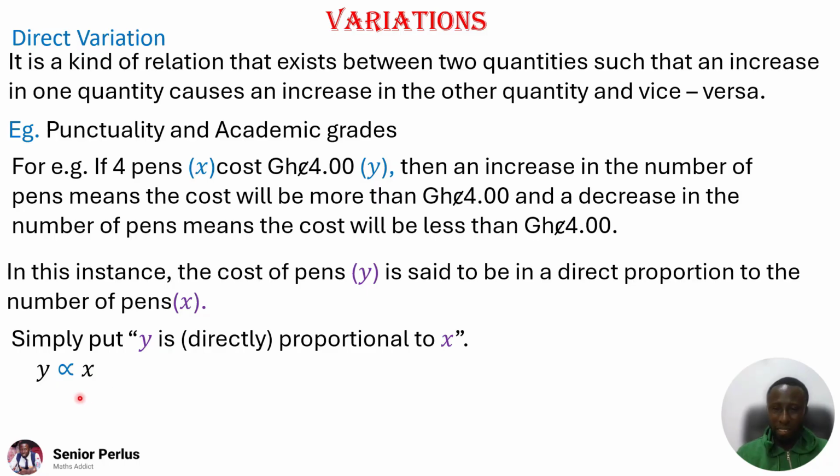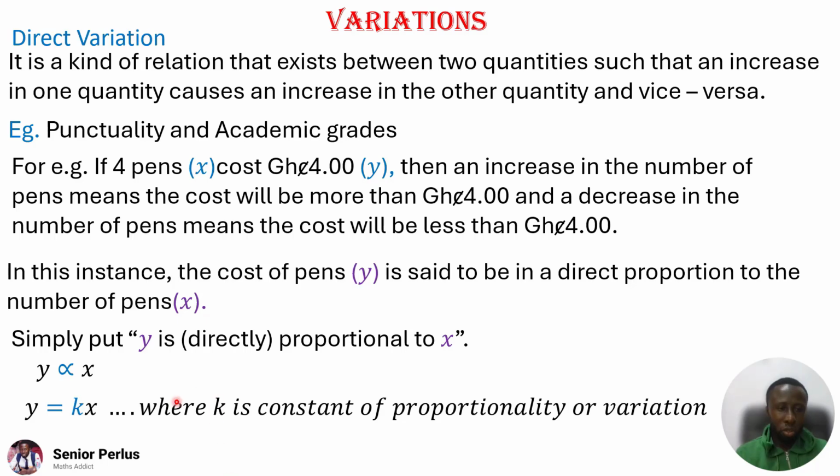Simple in mathematics. Now, if you want to put it in an equation form, you have to change the proportion sign here. Then after changing it, you have to bring in a constant. So y is directly proportional to s. Let's put it in an equation form. It will be y equals ks. So you see, we just remove the sign and bring in equals k.